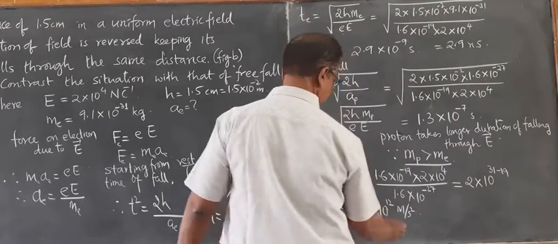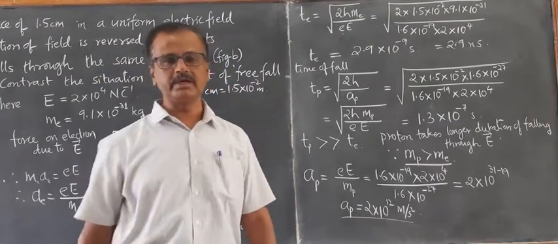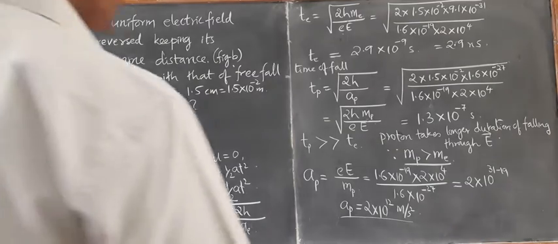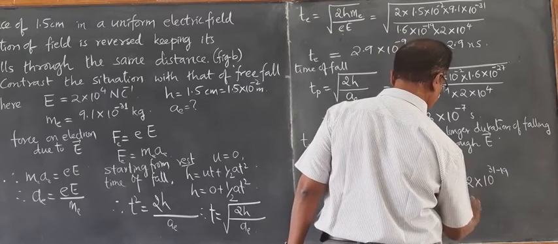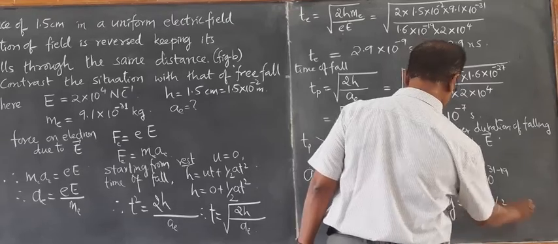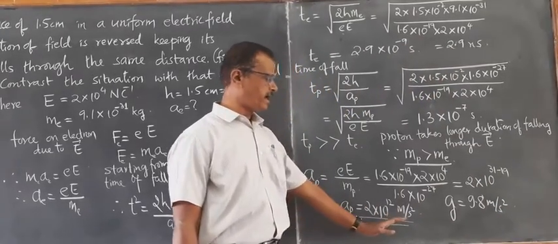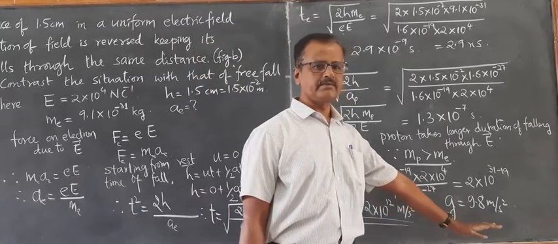So this is the acceleration under the electric field, but acceleration due to gravity, denoted by g, is hardly 9.8 meter per second square. So the acceleration due to the electric field is very high compared to the acceleration due to gravity.